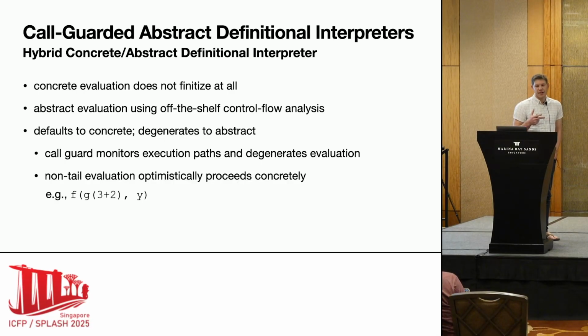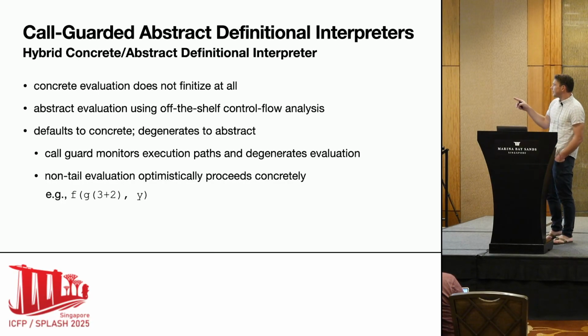And only when the analyzer determines that the analysis will not converge with those semantics does it degenerate to abstract semantics. And so on any given evaluation path, it will continue to evaluate in either concrete or abstract. But when it encounters non-tail evaluation, so for instance, if it encounters a function call and it's evaluating the arguments, it will revert to concrete semantics on the off chance it'll get better precision.